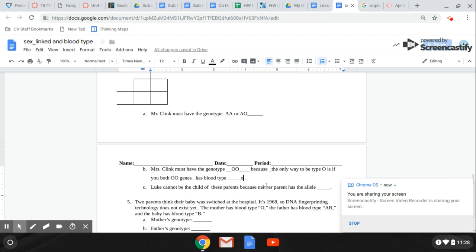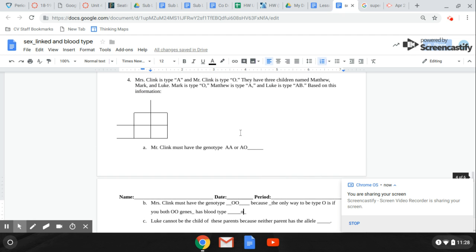Then it says Luke cannot be the child of these parents because neither parent has the blank allele.